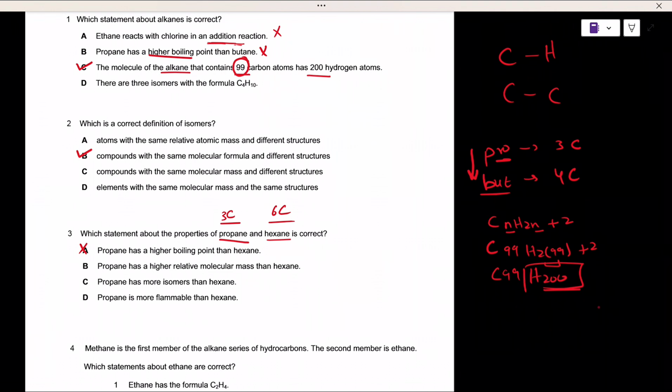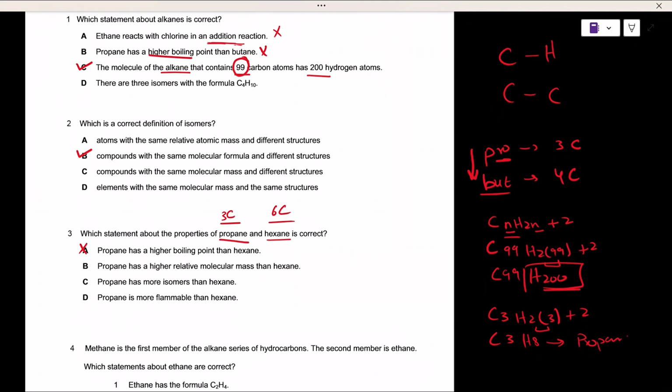Alright, propane has a higher relative molecular mass than hexane. Now, to calculate molecular mass, I need to know the whole formula for propane. So if I have 3 carbons and put in the same general formula, C3H2 times 3 plus 2, so C3H6 plus 2 is 8. This is the molecular formula for propane.